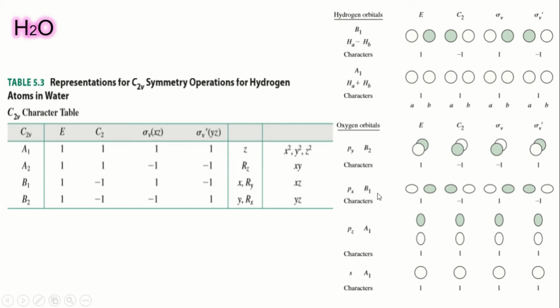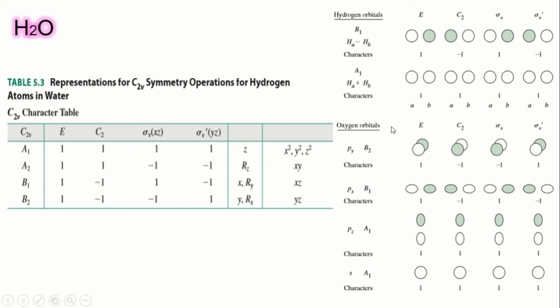The px orbital has B1 symmetry along the x-axis, while the py has B2 symmetry along the y-axis, and the pz has A1 right here because this one lies along the z-axis. So what do we have to do next?